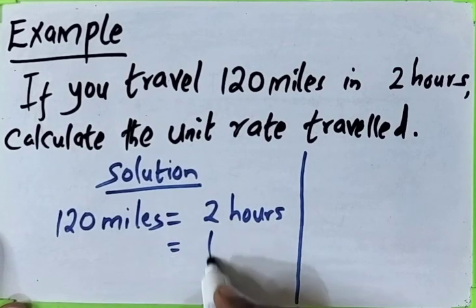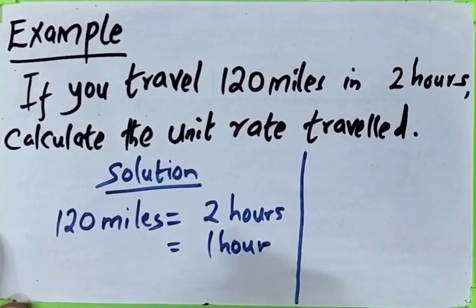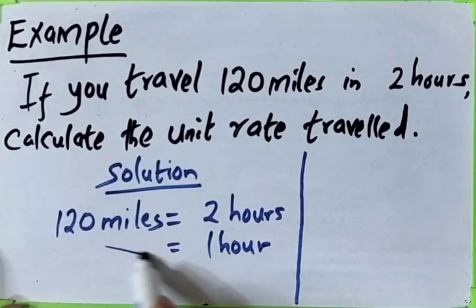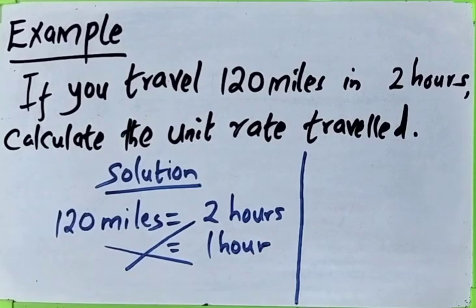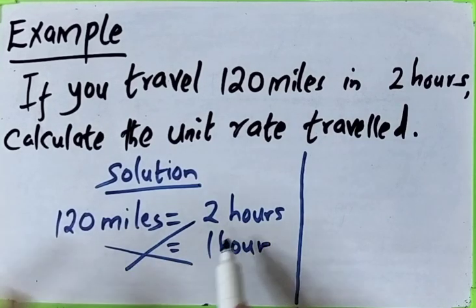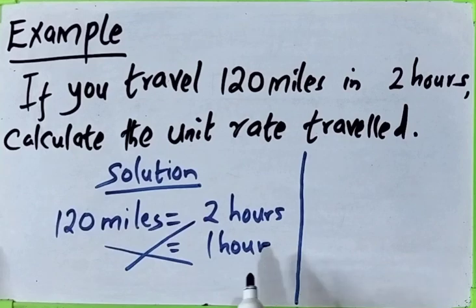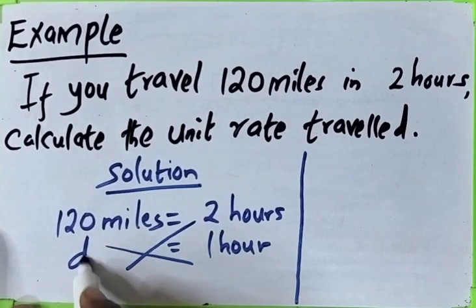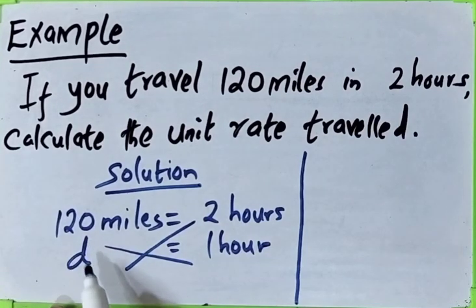What about 1 hour? So we cross multiply. We can assume the unknown miles for 1 hour, we can call them, let's say, small d. So d for 1 hour, 120 miles for 2 hours.